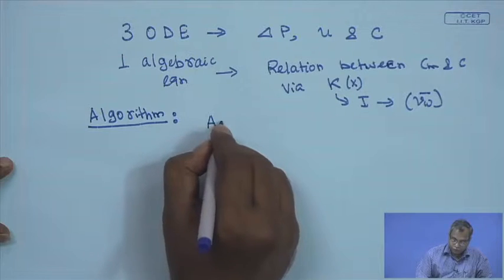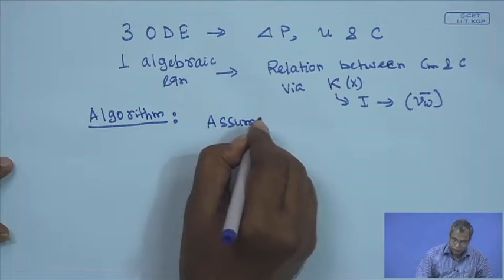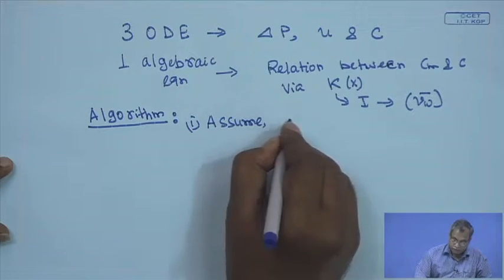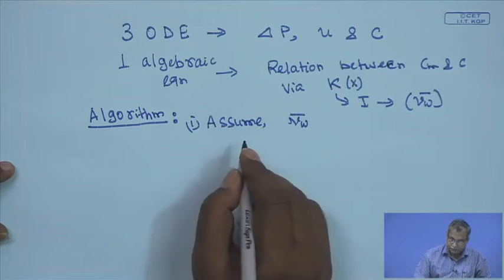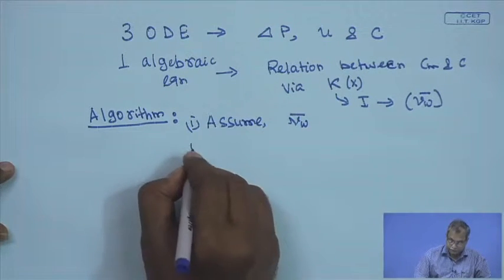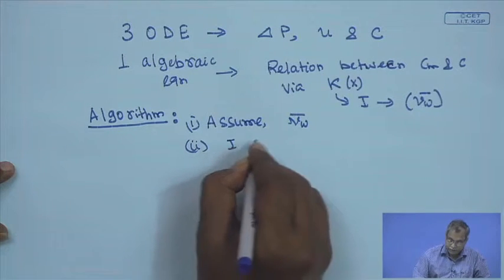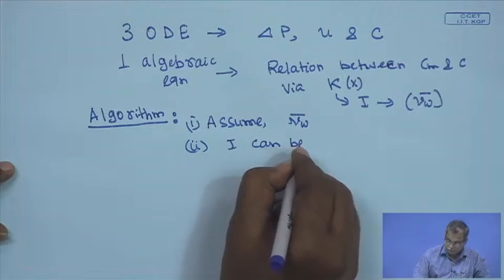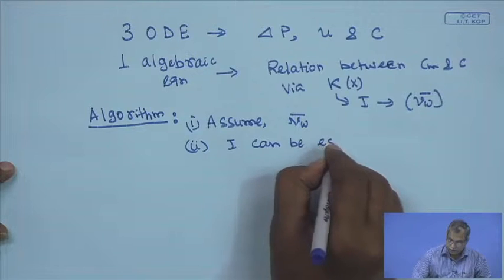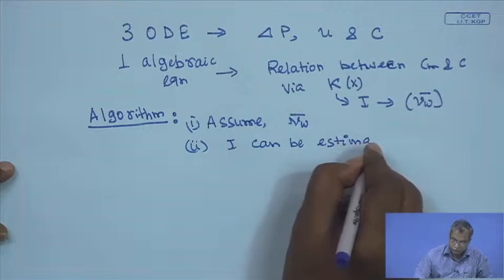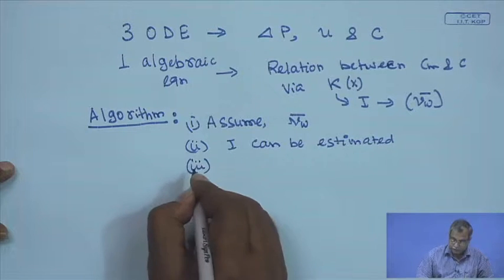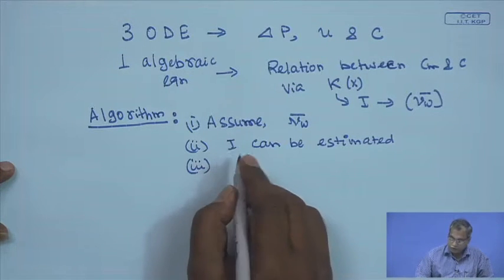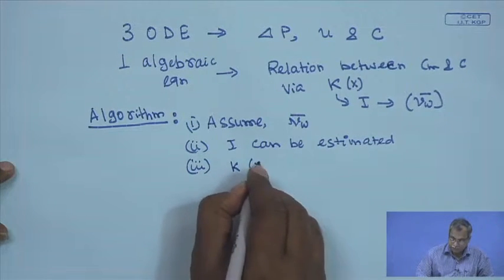We assume Vw bar, a length average permeate flux. Once the length average permeate flux is assumed, then I, a definite integral, can be estimated by using the trapezoidal rule. Then I can get k as a function of x.